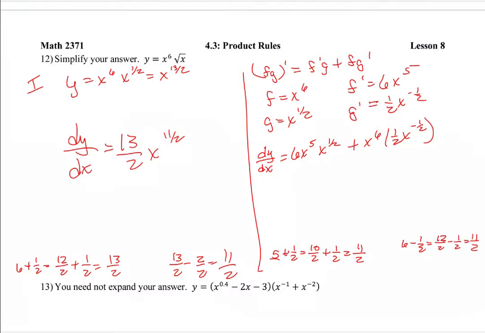All right, so dy/dx equals 6x to the 11 halves plus 1/2 x to the 11 halves.